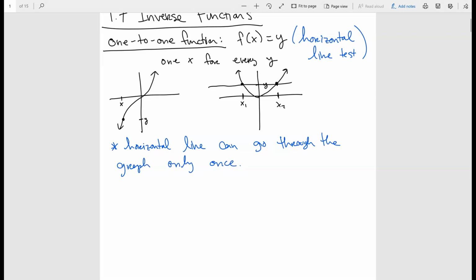So the parabola itself is not one-to-one because a horizontal line crosses the graph twice. Now, it's a function, it's just not one-to-one.